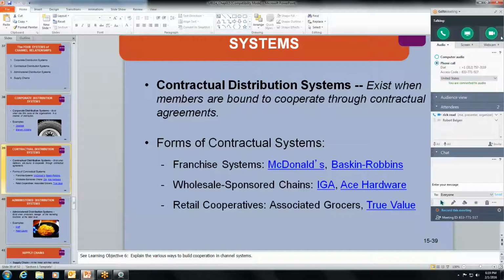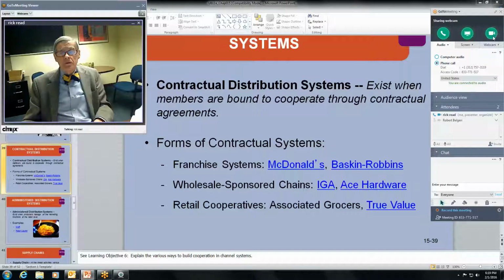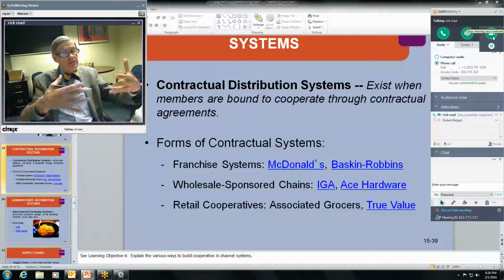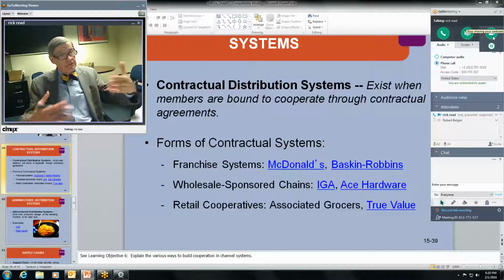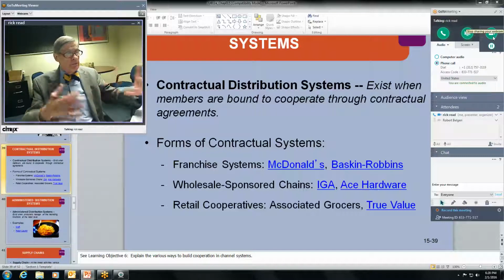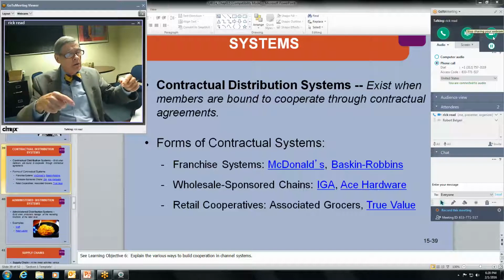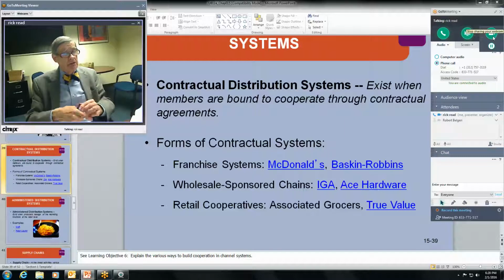A contractual distribution system is where members, now think of these as franchises in some cases, and differences, in other words, but the first comes franchises. The franchisee is bound by the contract to do what the franchisor says. So franchise system, do we have that up there?